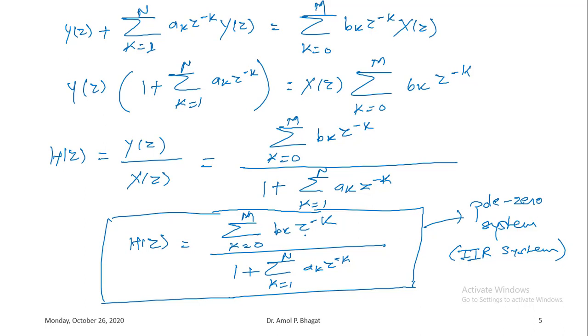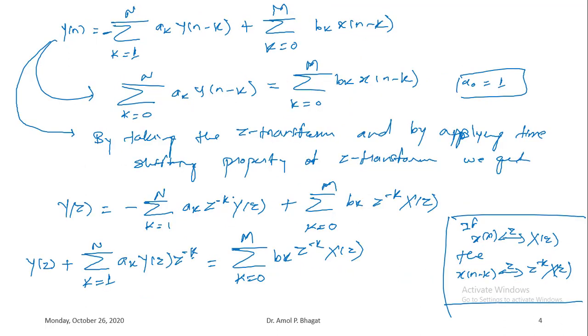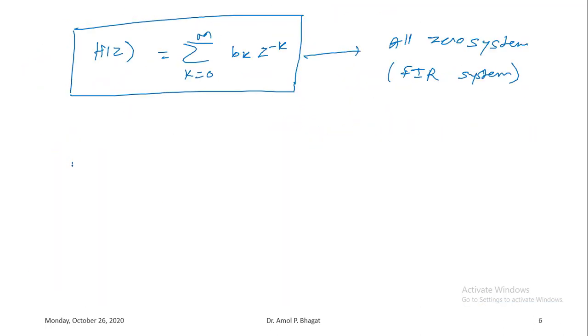And second, if we are considering that the numerator is not there, and only the denominator is present, then in that case you can indicate this system function H of z with simply some constant in the numerator. You can consider it as 1, or you can consider it as b0.